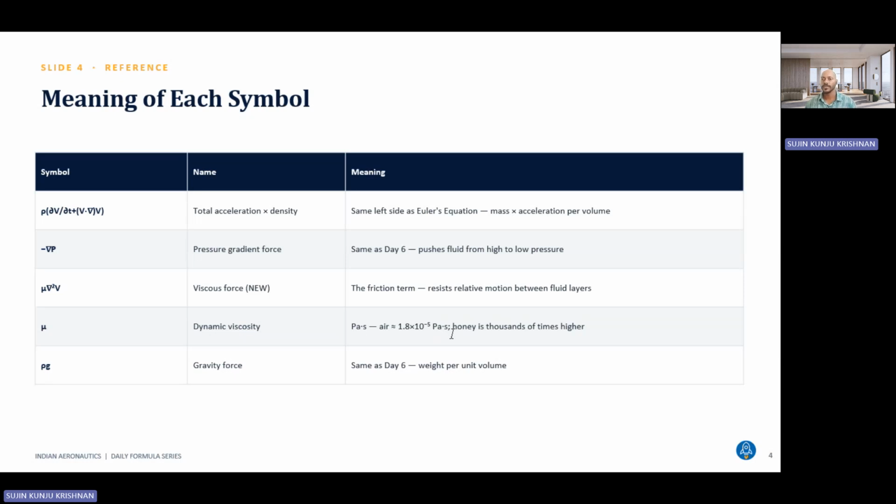It's a property of the fluid itself. Air has a tiny viscosity, about 1.8 times 10 to the minus 5 Pascal seconds. Honey, by contrast, has a viscosity thousands of times larger. Grad squared v measures how curved the velocity profile is, essentially how much neighboring layers of fluid are sliding against each other.